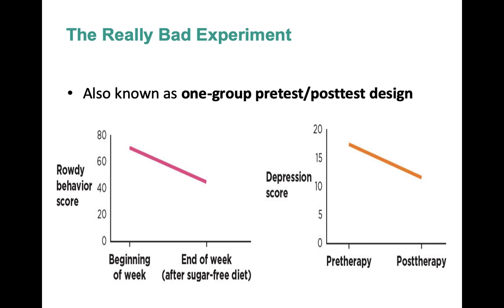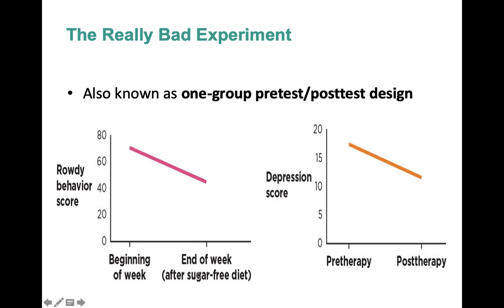All right. And so this is graphically showing what I was describing in the previous slide, the idea with a really bad experiment, an experiment that lacks a comparison group, is that if we get the result that would be consistent with our hypothesis, that is, with the rowdy campers example, at the beginning of the week they're rowdy, at the end of the week they're less rowdy after reducing all the sugar.